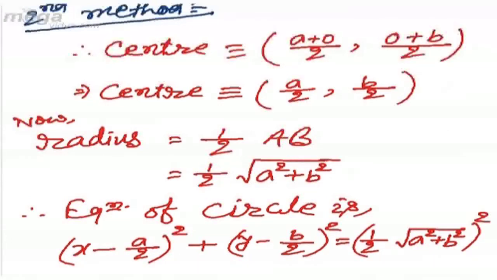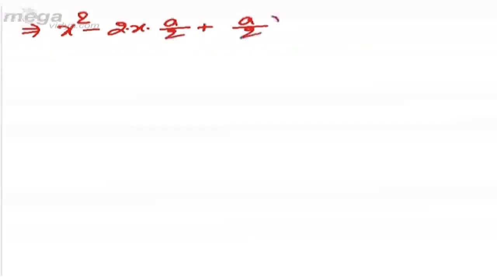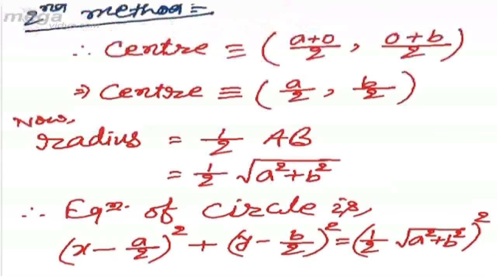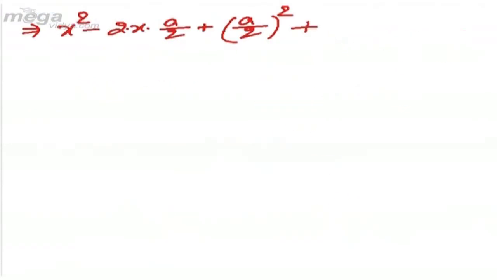Now we will expand it to write it in general form, or you can say in expanded form. So we'll expand it by using (a minus b) whole square. It becomes a square minus 2ab plus b square. Now for this one we will again expand by using (a minus b) whole square.